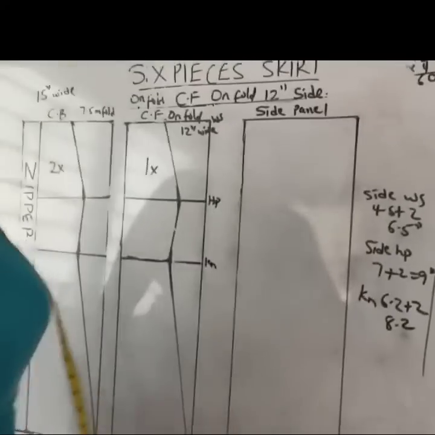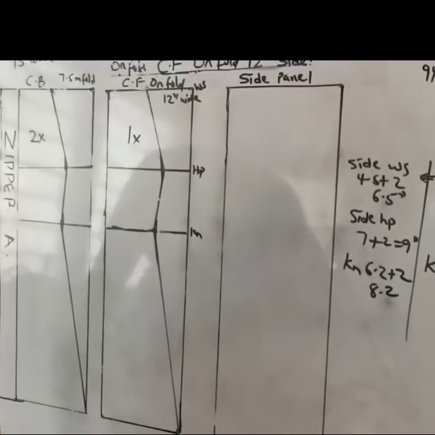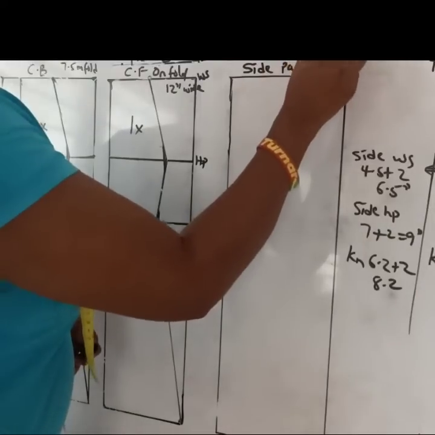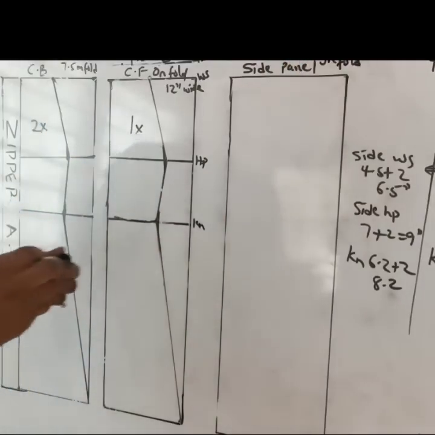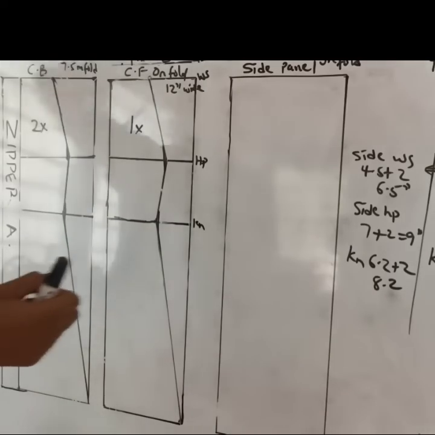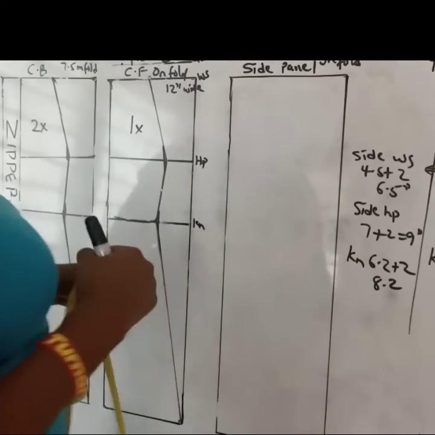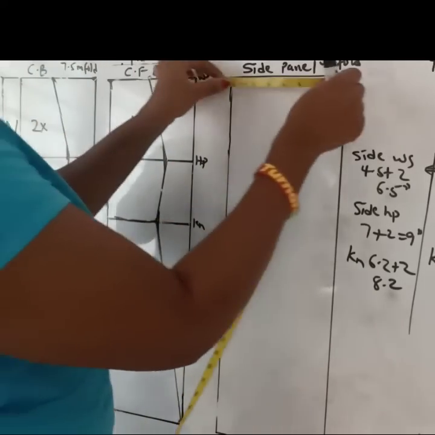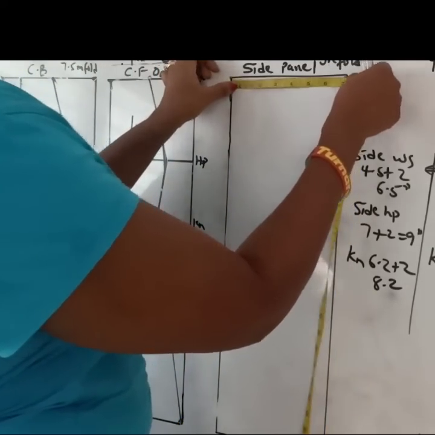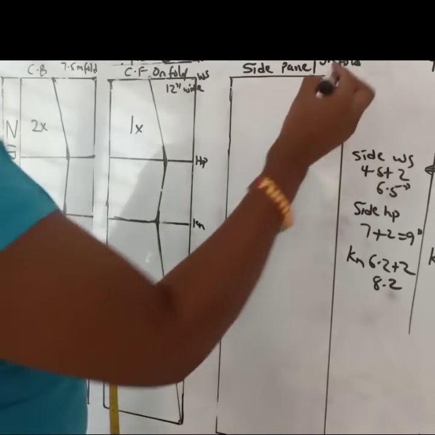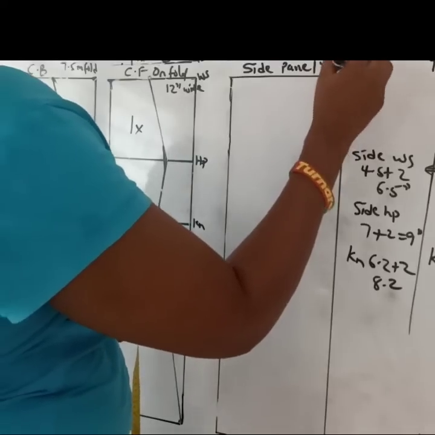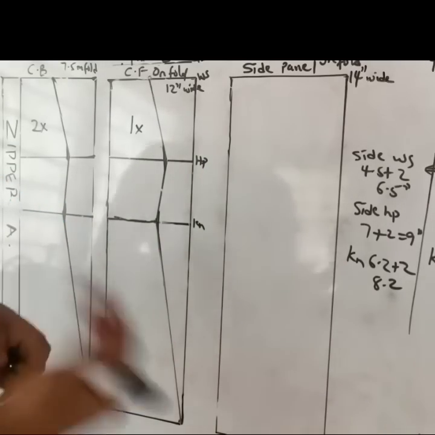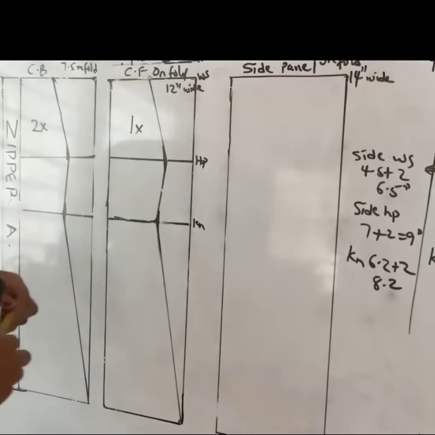And don't forget that this side is also unfold. And then because of these 2 inches that we are adding, we are not going to use 12 inches wide. Instead, we are going to use 14 inches wide for the side panel, so that it can accommodate the seam allowances.